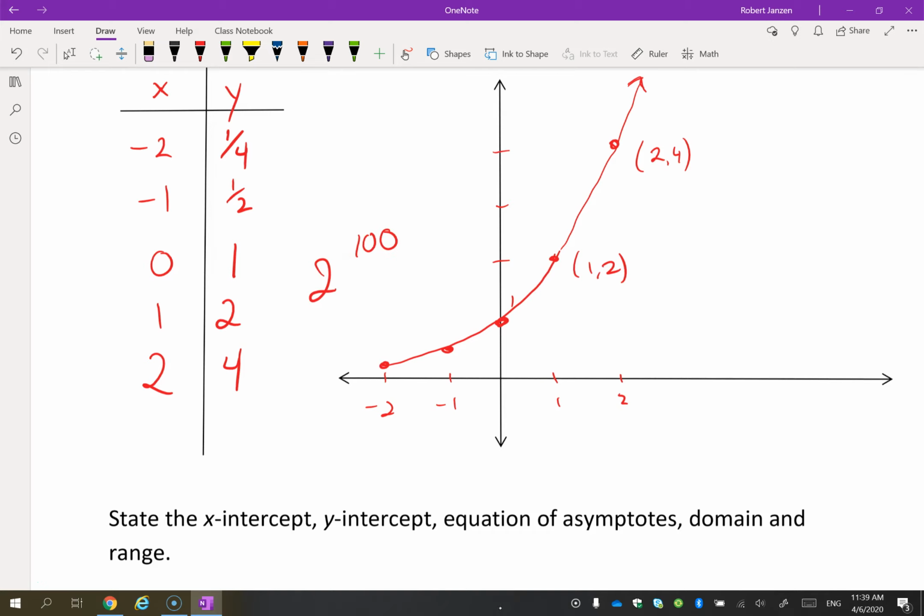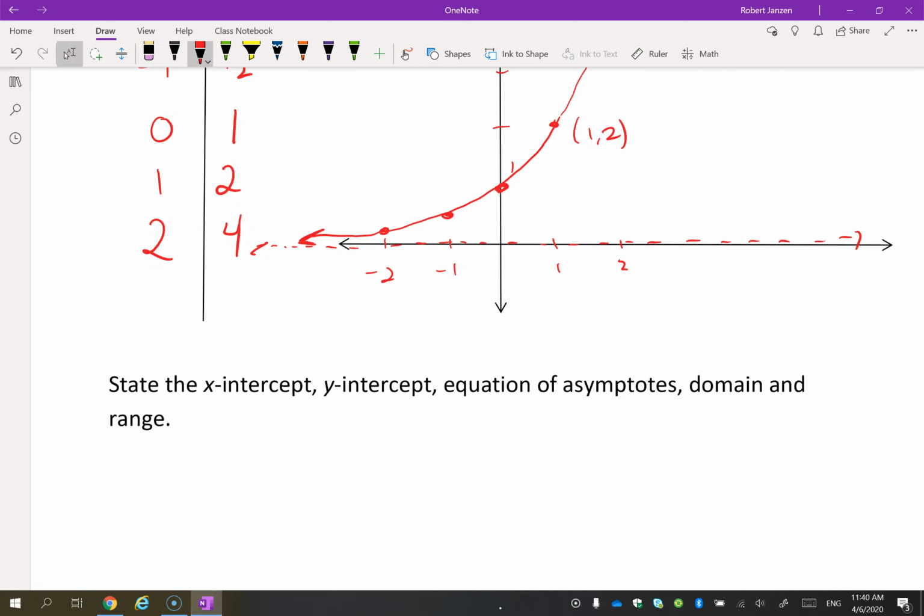It would be 2 to the power 100, which is a huge number, but then when we make it 1 over that number, it actually becomes very, very small. So this is going to be getting closer and closer to the x-axis, but never cross. So we actually have an asymptote here. Okay, so it's going to look something like that. Get closer and closer. Okay, state the x-intercept.